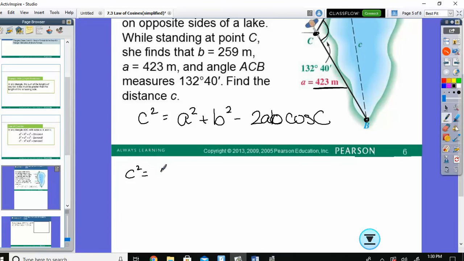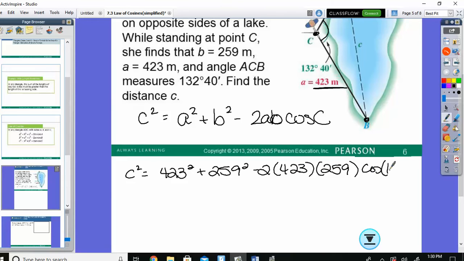So A was 423 squared plus B, 259 squared, minus 2 times A times B cosine of C, which is 132 degrees 40 minutes.